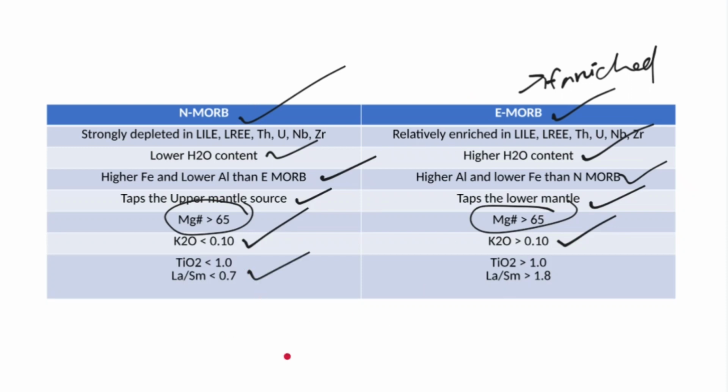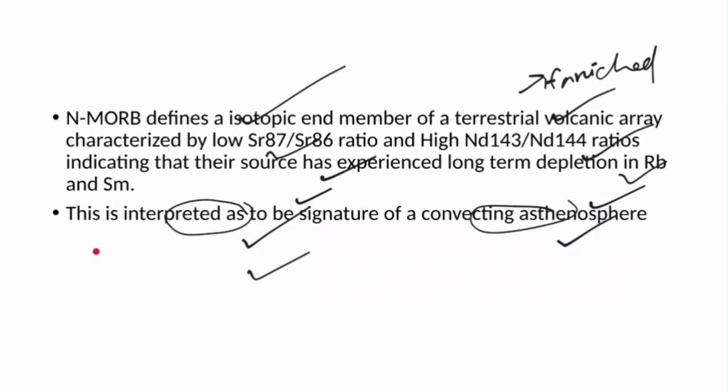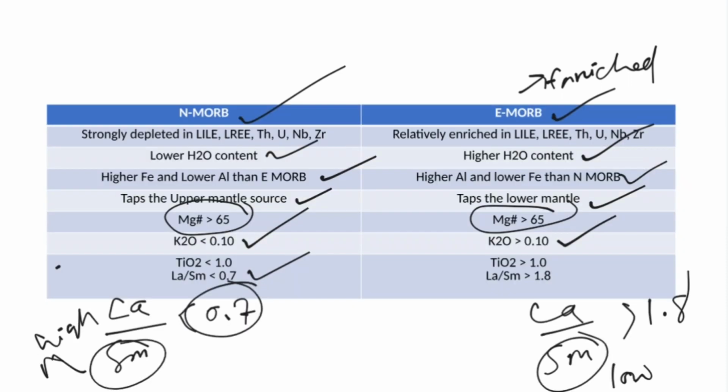So like that, TiO2 and lanthanum by samarium, and lanthanum by samarium. Can you tell how this lanthanum by samarium is less for N-MORB and greater for E-MORB? The samarium content. Why is this samarium content likely high? It is, samarium content is likely low.